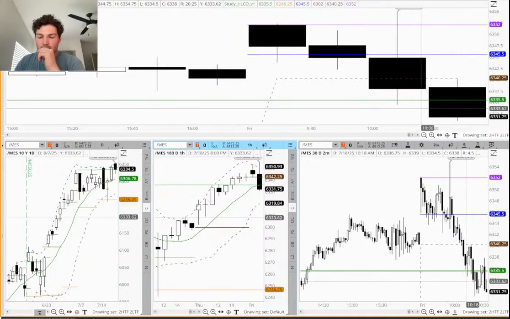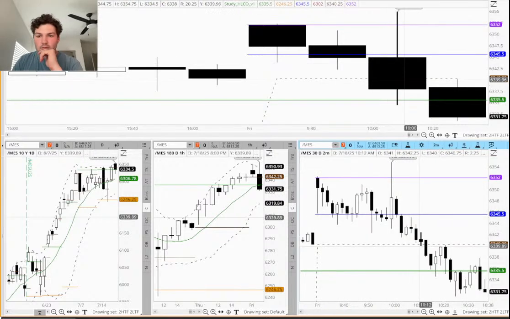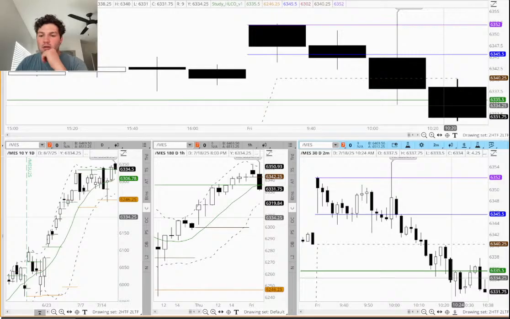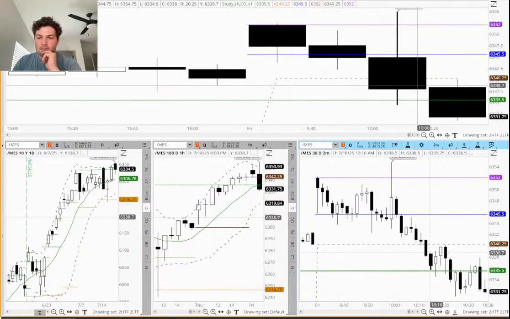So the fill would be right here. This is where we would get filled on the 10:24 bar, and the tightest stop loss puts a stop loss right here.